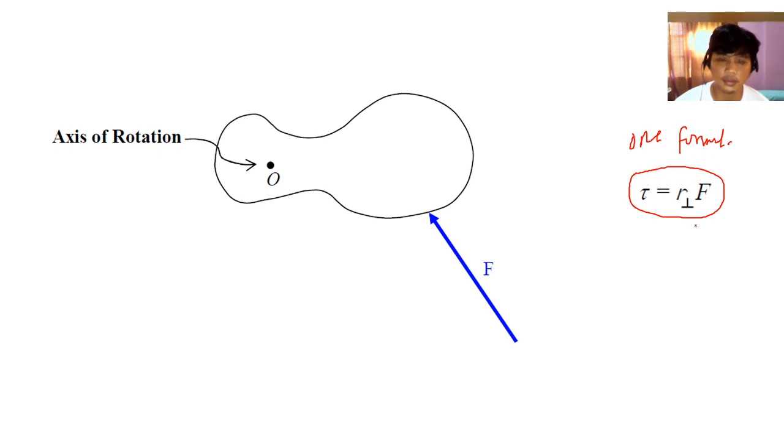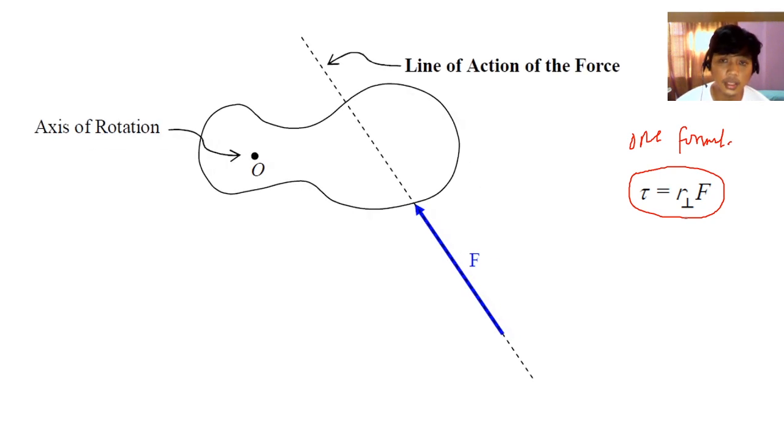To get R perpendicular, the first thing you need to do is to draw this dashed line, and it's called the line of action of the force. You have to do that. That is important in knowing what R perpendicular is.